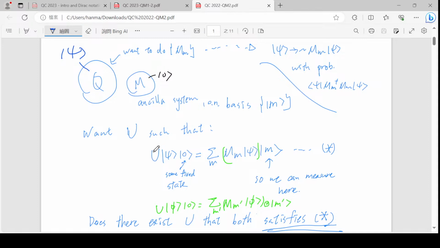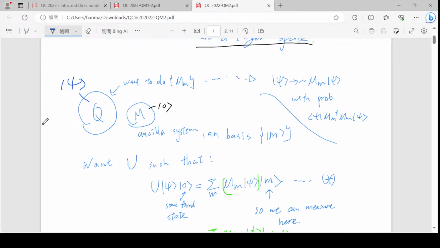So U must satisfy this relationship, and it says that U acts on the initial state, so your psi and 0, I want to turn it into a summation over m, and on the Q system I want it to become this state, and for every different m, I want the ancilla system to go into this orthonormal basis state m, small m.